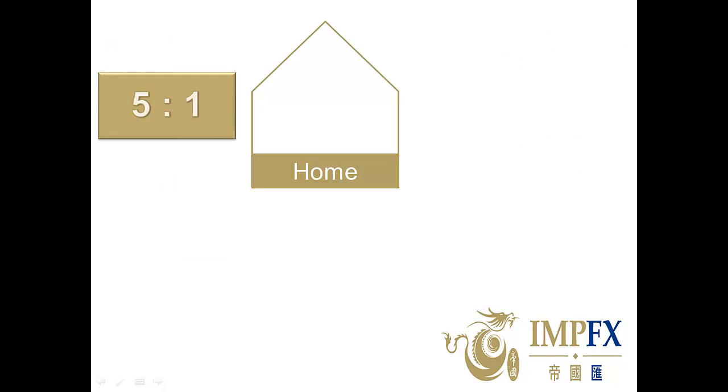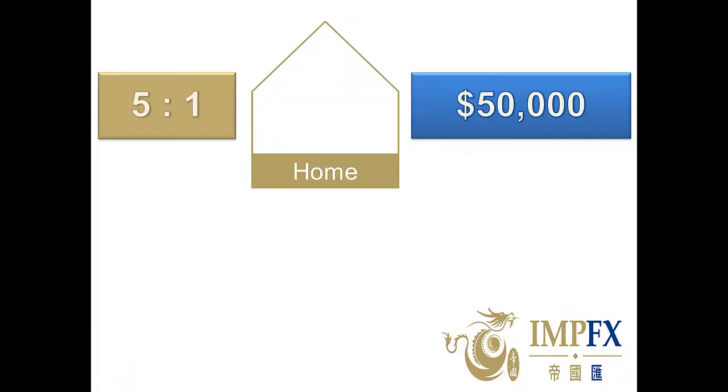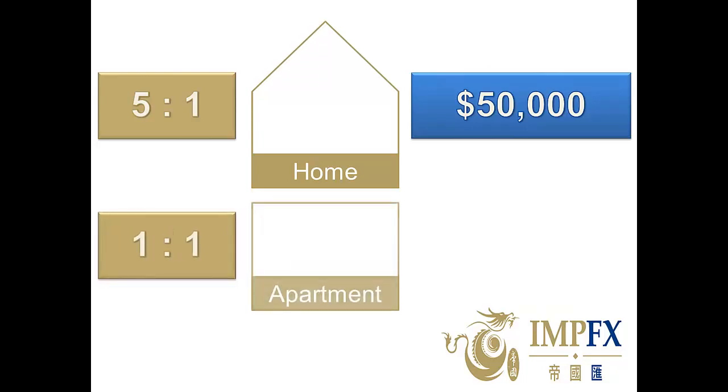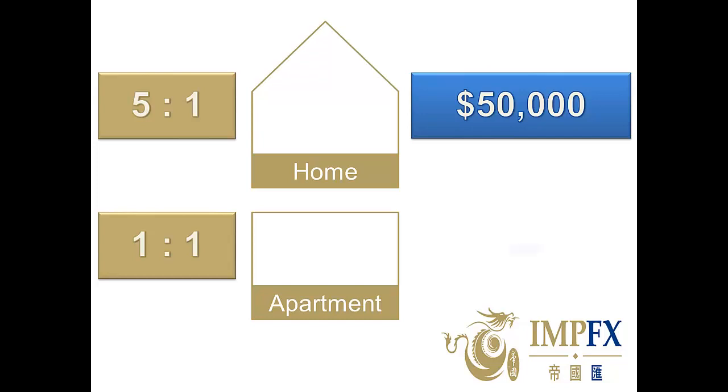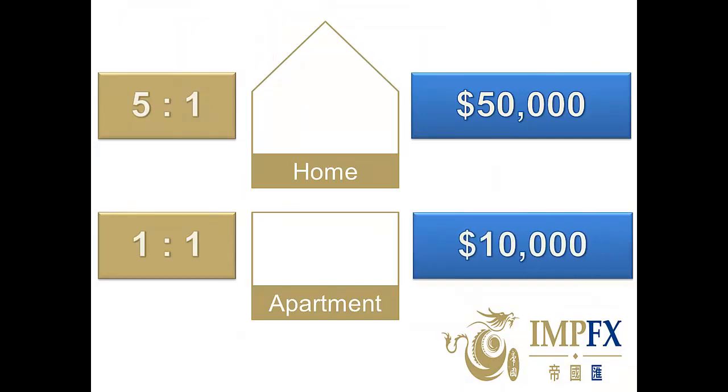Using a 5-to-1 leverage allows you to earn 5 times more than you would have if you had traded without leverage. So the amount would have been $50,000 in the rising house price, whereas if you used 1-to-1 leverage, you would have only made $10,000.